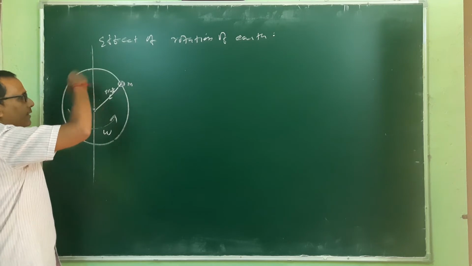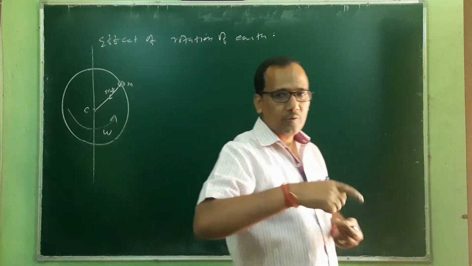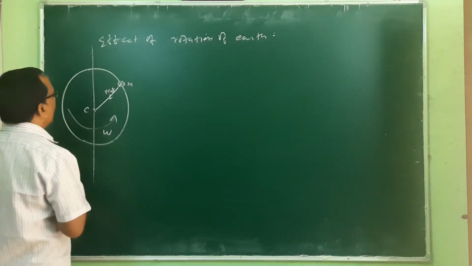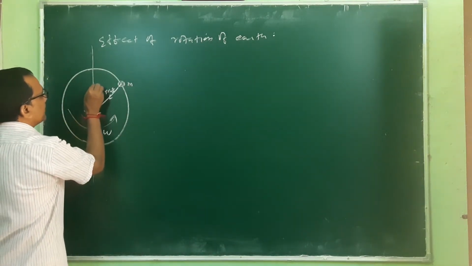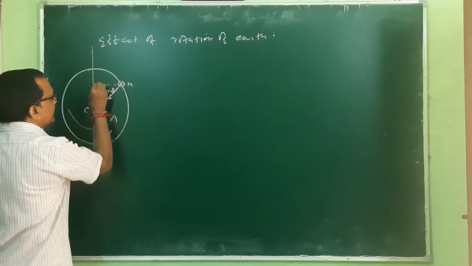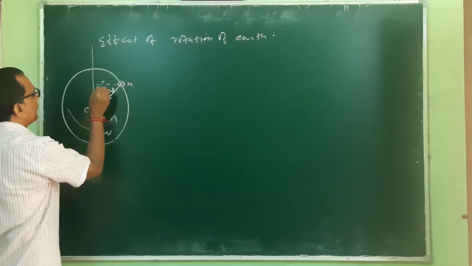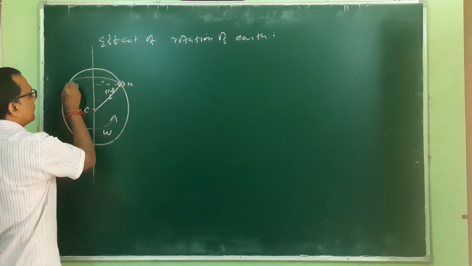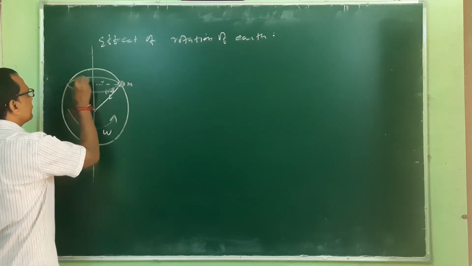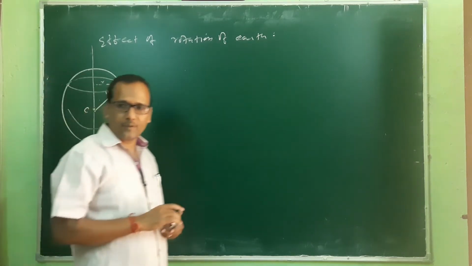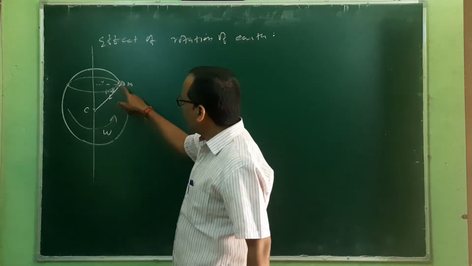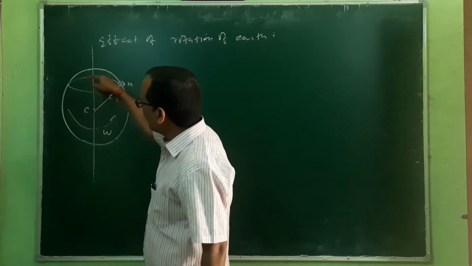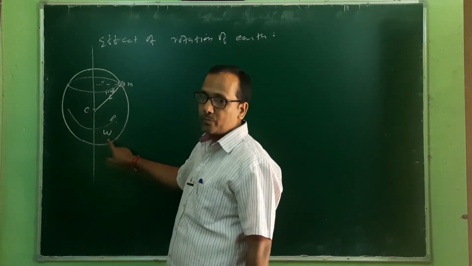Since that object is on the Earth, it is also moving with Earth with constant angular velocity omega, and let's say from this axis the radius is r, so it will follow a circular path of radius r, moving with the same constant angular velocity omega.